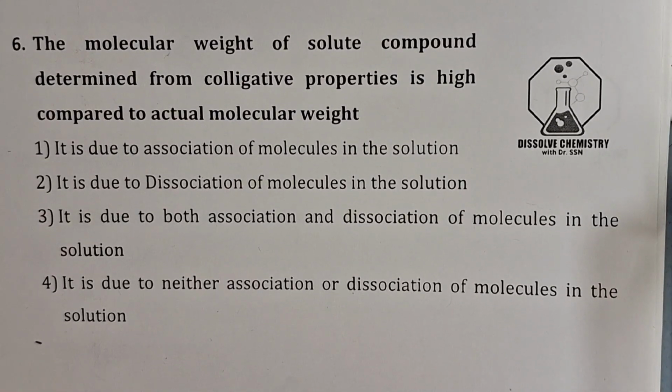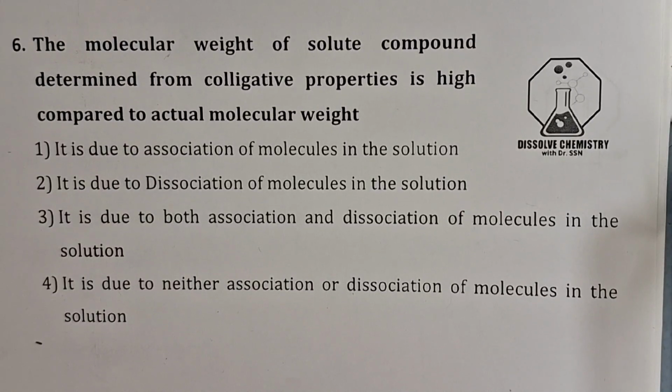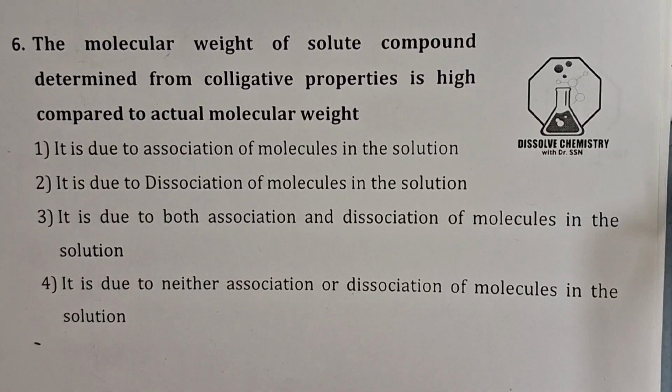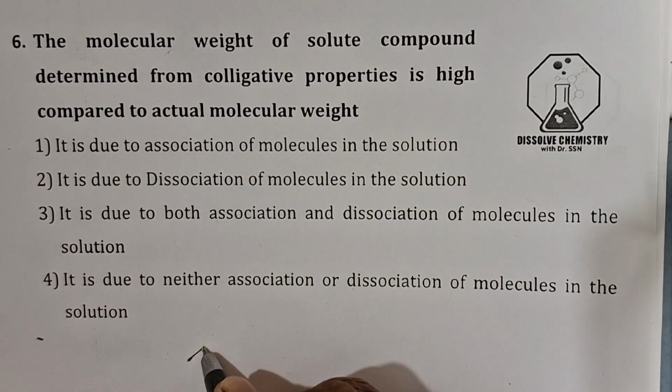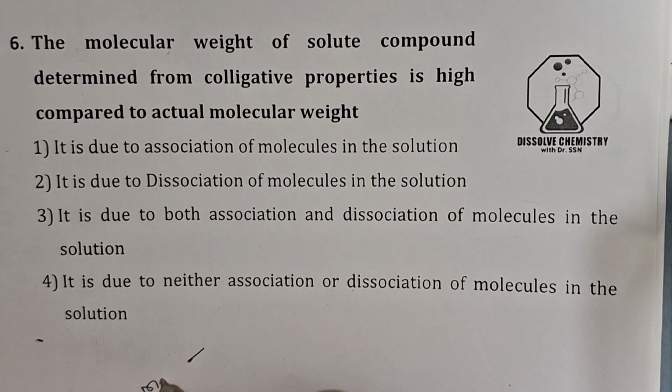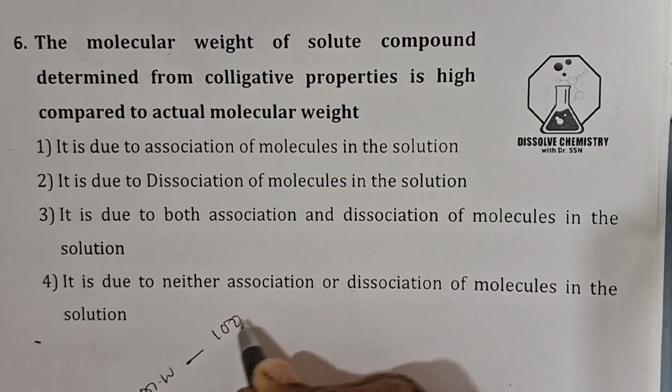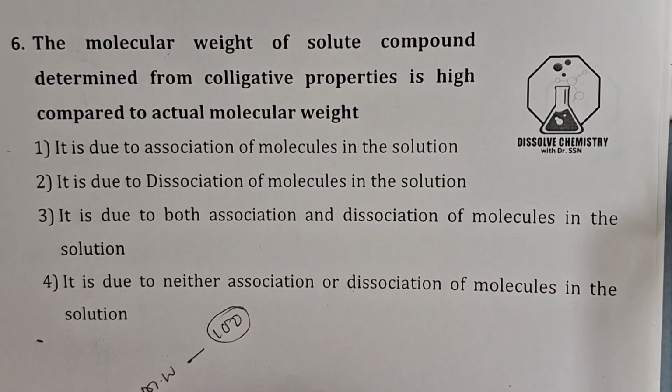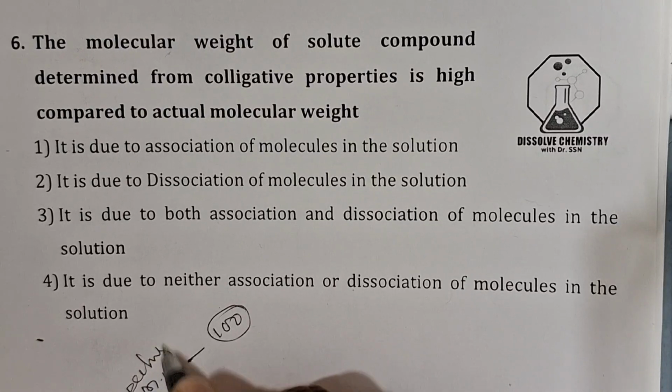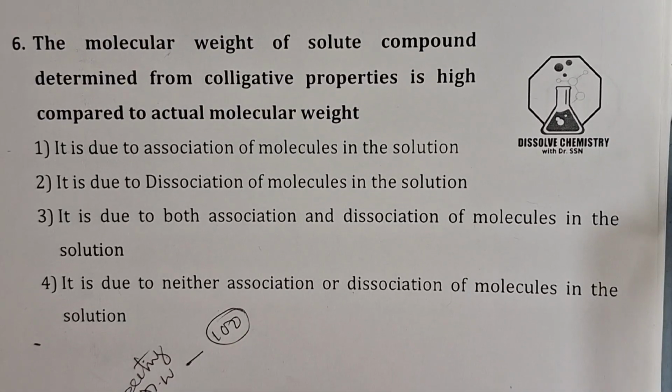Sixth question: the molecular weight of a solute compound determined from a colligative property is high compared to the actual molecular weight. Suppose the molecular weight of the compound, for example, is 100. This is the actual molecular mass of the compound.